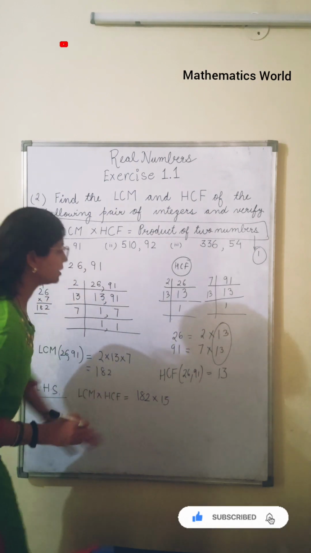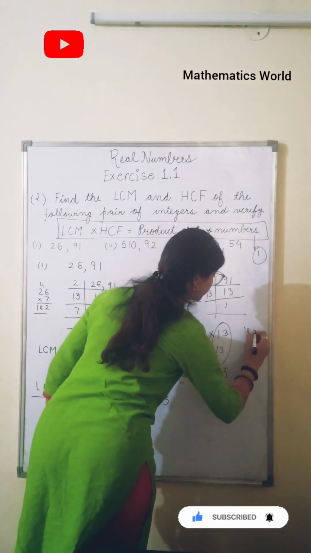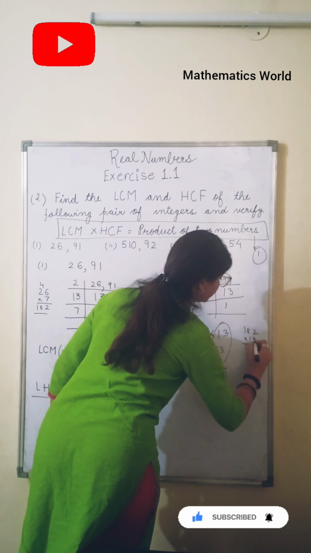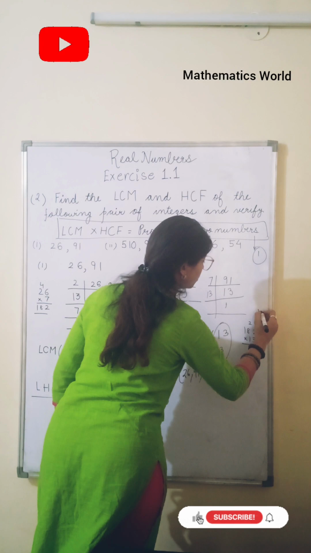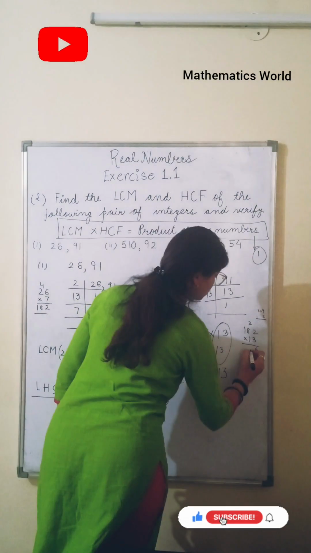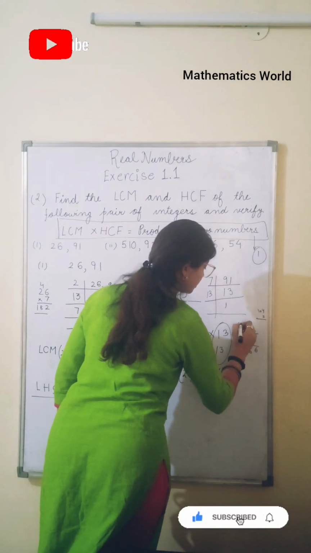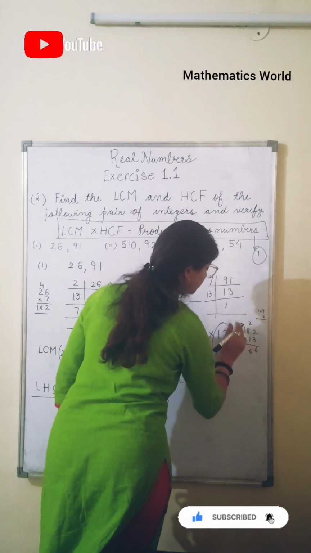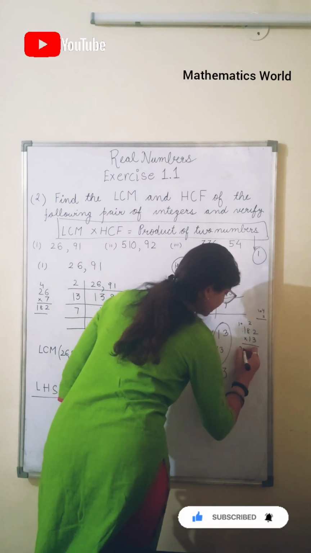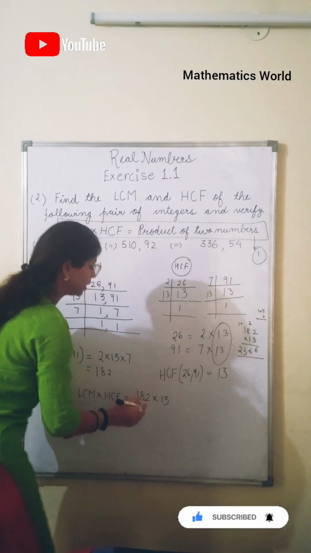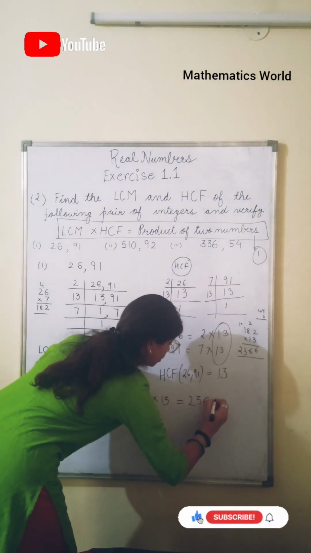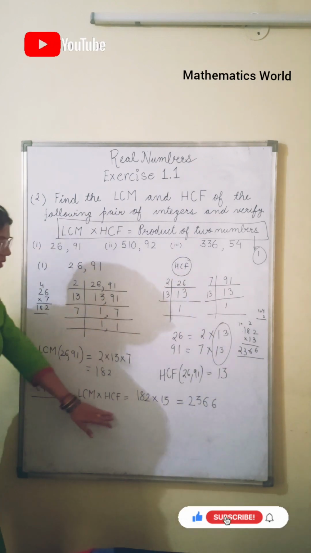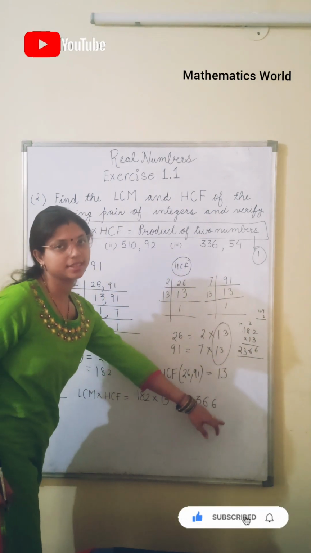Let us multiply 182 and 13. 13 2s are 26. 13 8s are 104 plus 2 is 106. 13 1s are 13. 13 plus 10 is 23. So after multiplying these two numbers, we get that the product of HCF and LCM is 2366.